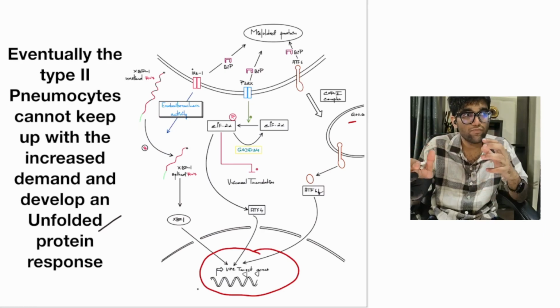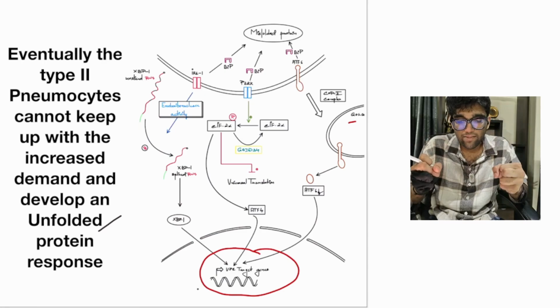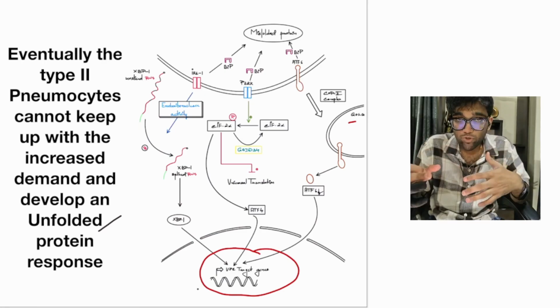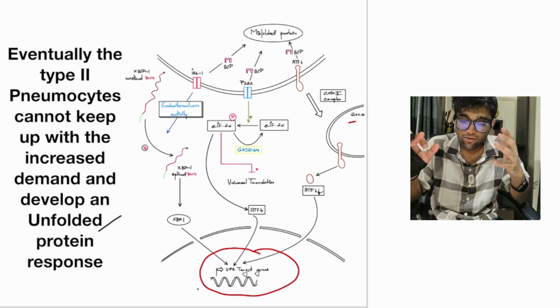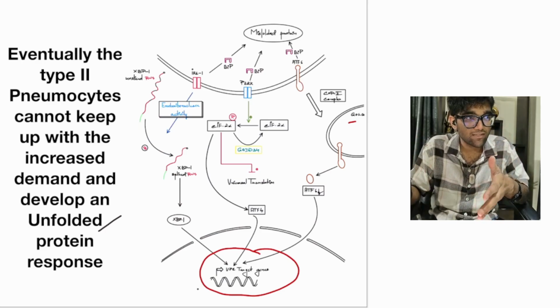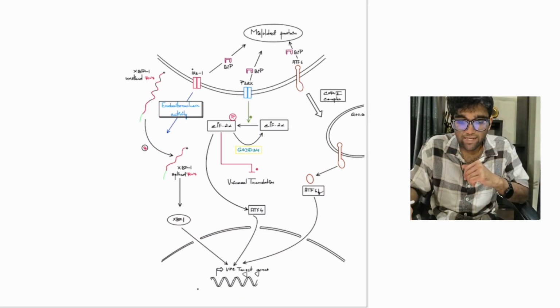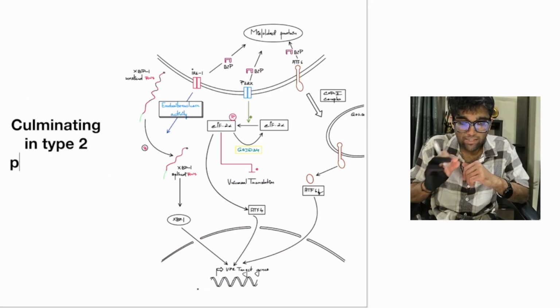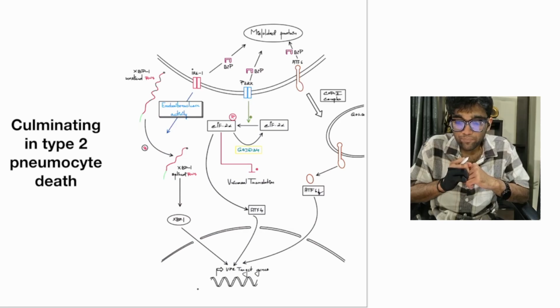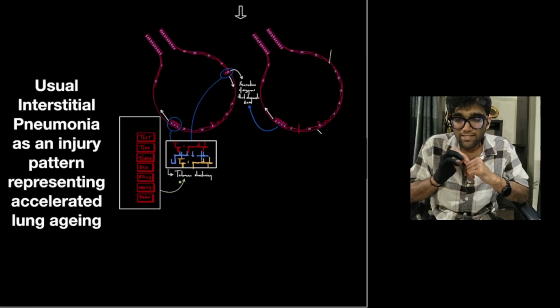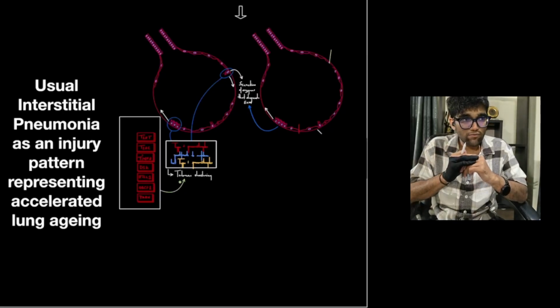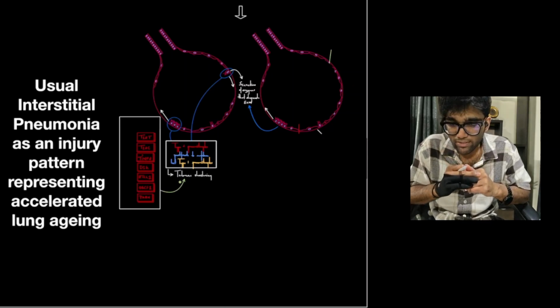Because of that surface tension that has to be countered, the type 2 pneumocyte will have to produce a lot of surfactant, and it cannot get away with this level of misfolded protein accumulation. So eventually this entire process results in the death of the type 2 pneumocyte, and this leads us to the next step in the pathogenesis of usual interstitial pneumonia.